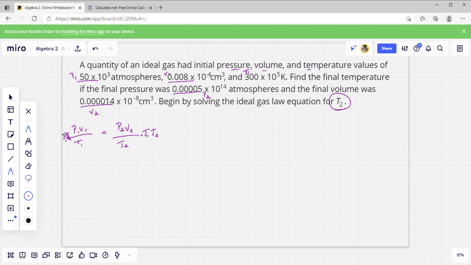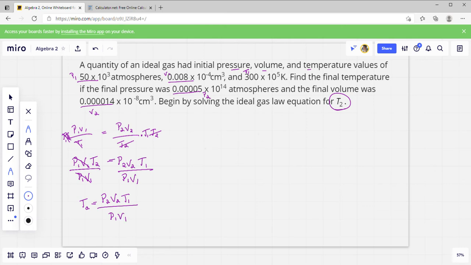T1, T2, T1 cancels, and I'll have P1, V1, T2 equals, T2 cancels, and I'll have P2, V2, T1, and I'm solving for T2, so I got to get rid of these. And I have T2 equals P2, V2, T1 over P1, V1.